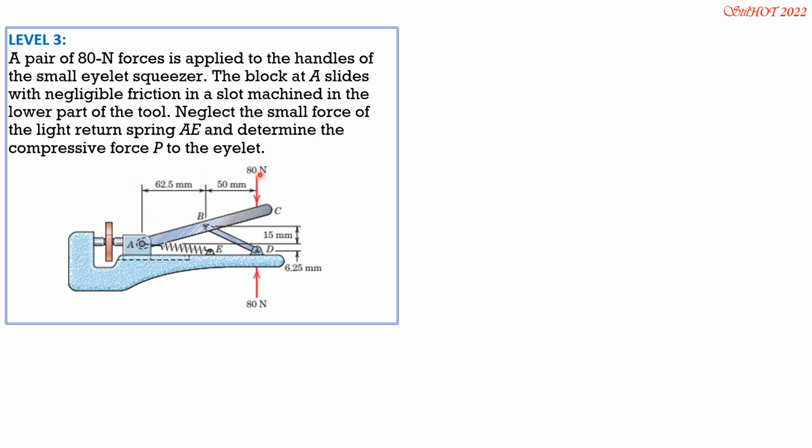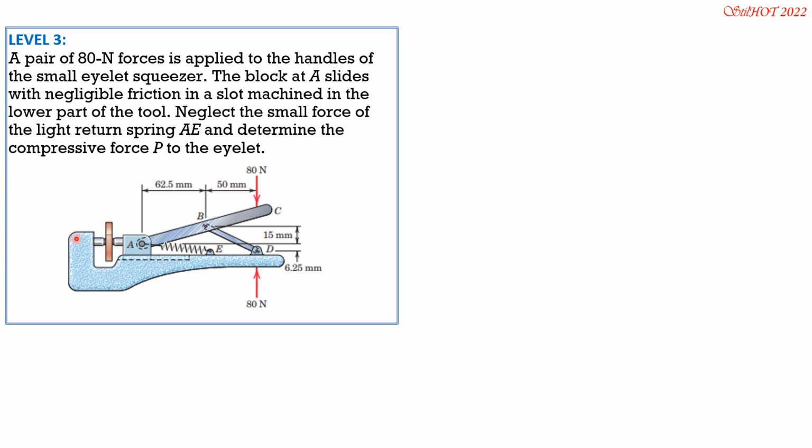So the effect of the 80 newtons will cause a reaction on this two-force body BD here, a compressive force definitely. Then as a result, that compressive force will push this portion because there's no friction, and it will compress this part here.